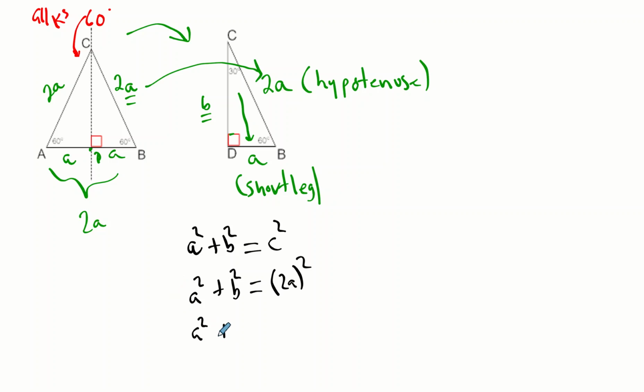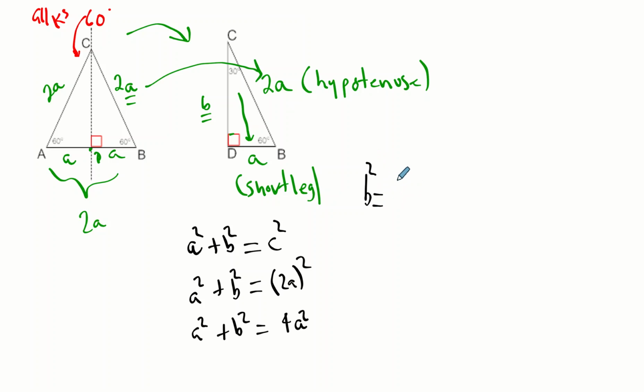We have a squared plus b squared is equal to, now 2a, that quantity squared, we can take each of those individually and square them. So we have 4, 2 squared is 4, a squared is a squared. Okay. Now let's continue and solve for b squared.